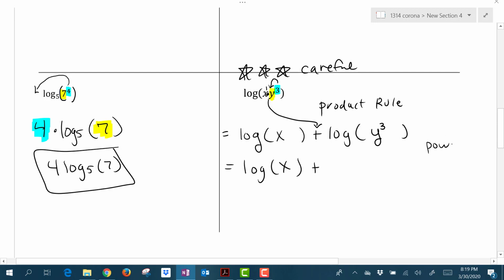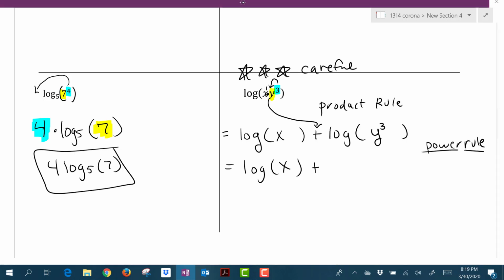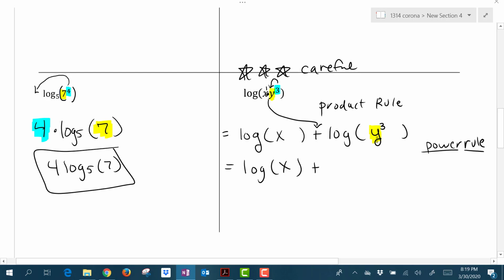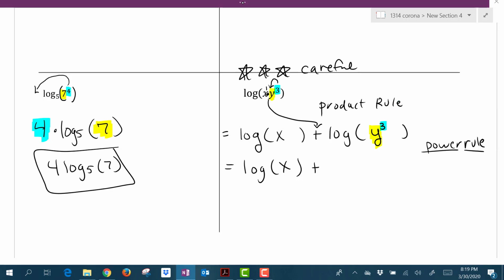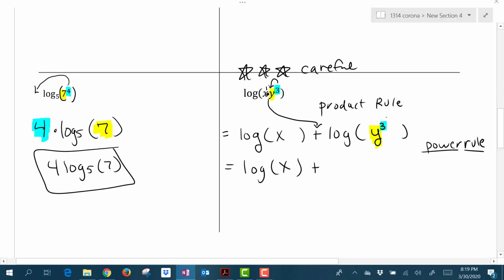Now we are allowed to use the power rule. In the second log, we have that y, now raised to the power of 3. So in that second log, everything is raised to exactly the same power of 3. So I'm allowed then to bring that 3 and multiply it out front of that second log.